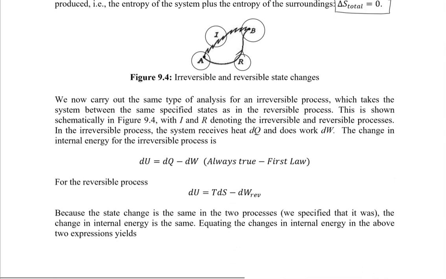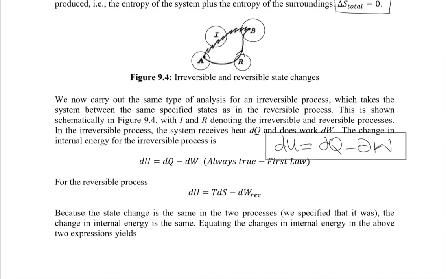If I'm looking at the work done and heat transfer in this process, the equation would be dU equals dQ minus dW. This is the equation of the first law of thermodynamics, and it is true for any process, whether that actual process is reversible or irreversible.